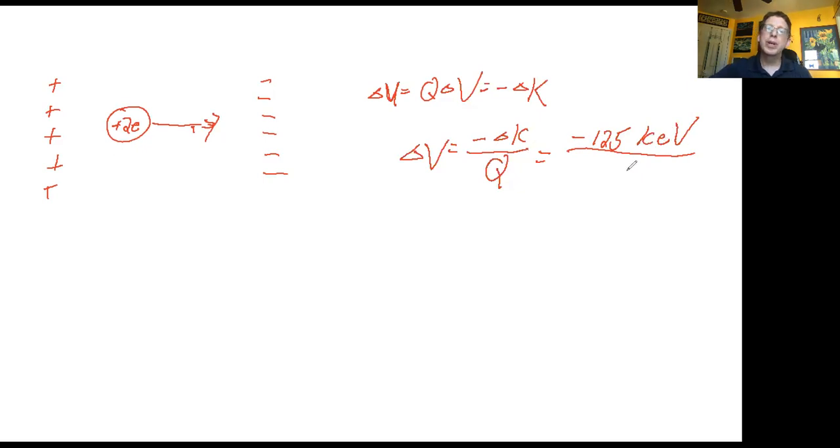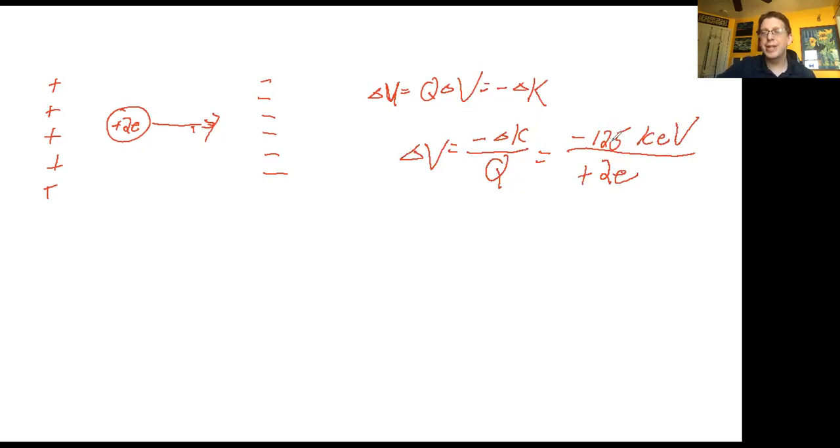But Q is 2 times 1.6 times 10 to the negative 19, so you can write that as positive 2e and save yourself some math. There's no point in multiplying numerator and denominator both by 1.6 times 10 to the negative 19.